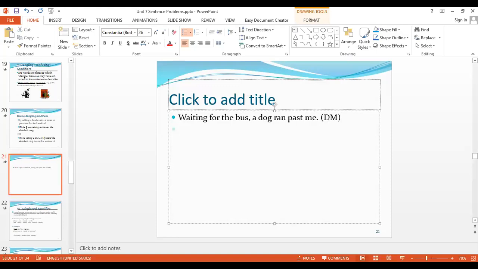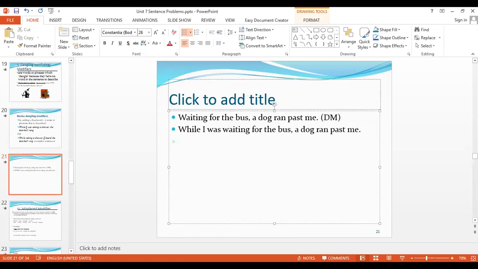So how do we correct it? The first way, you can say: While I was waiting for the bus, a dog ran past me. Okay, correct. So you can just put it like this.